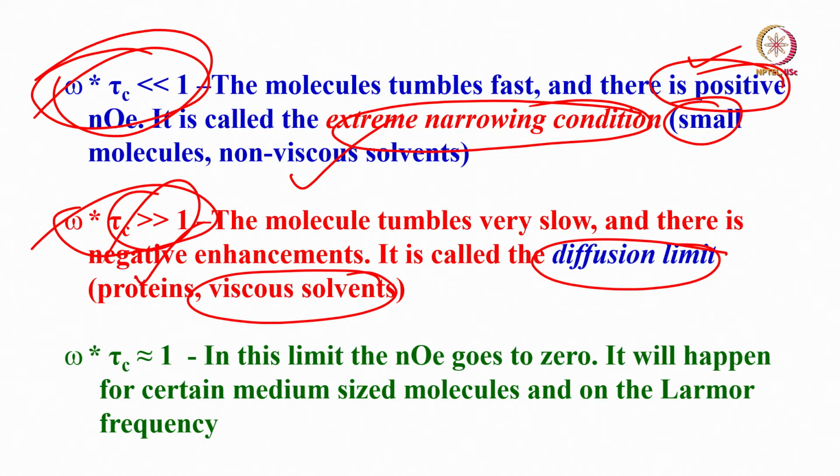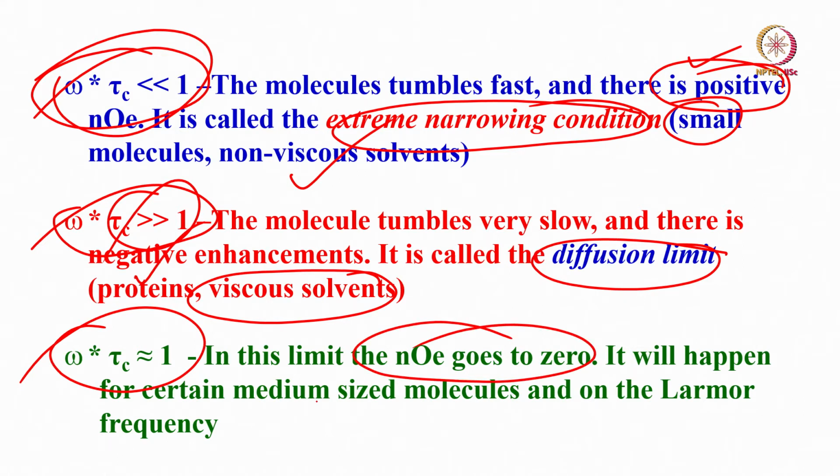On the other hand, consider a situation where omega tau c is approximately equal to 1. This is the limit in which NOE goes to 0. When omega tau c is approximately equal to 1, you will not see NOE at all, and this can happen for neither too big nor too small molecules, some medium sized molecules, and this is at the Larmor frequency.